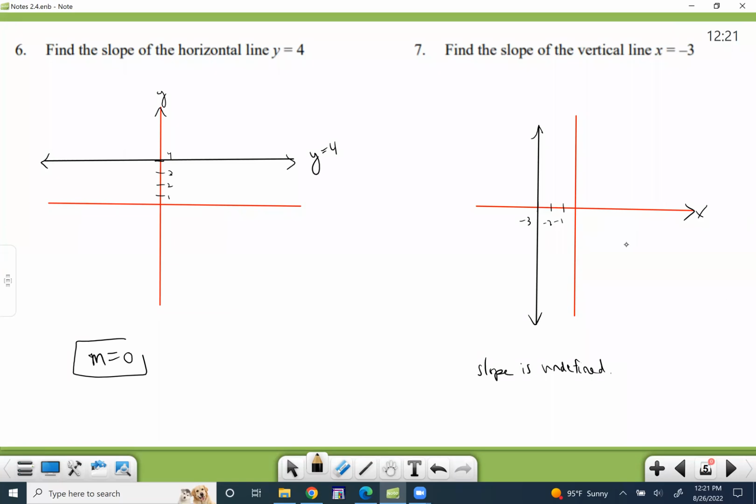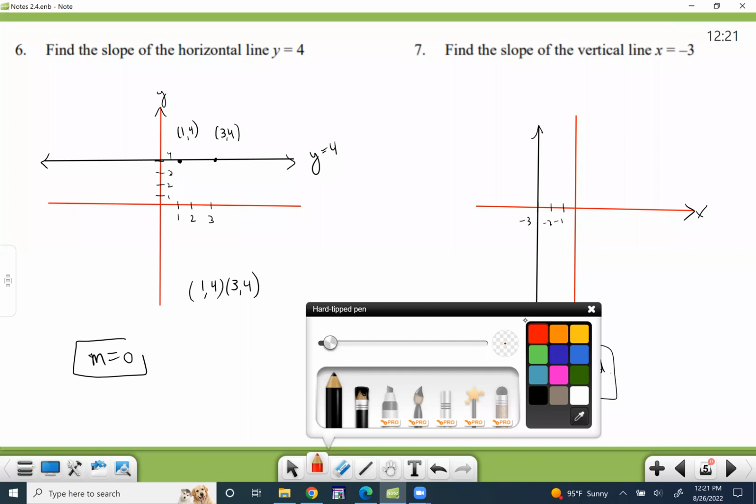Okay. All right, now a couple different ways to think about this, aside from just using some logic, is you can actually go through and do the math. Let's say I pick a couple points on the line. Let's say that I pick (1, 4) and I also pick (3, 4). These are the points that I decide to use the slope formula on.